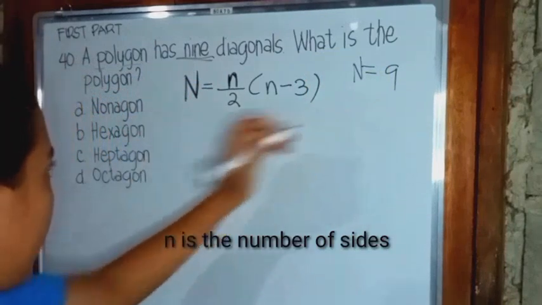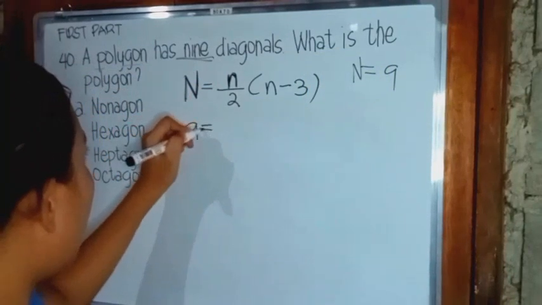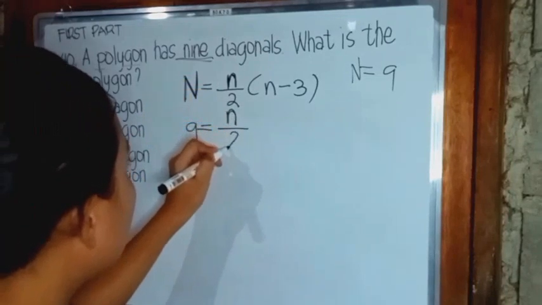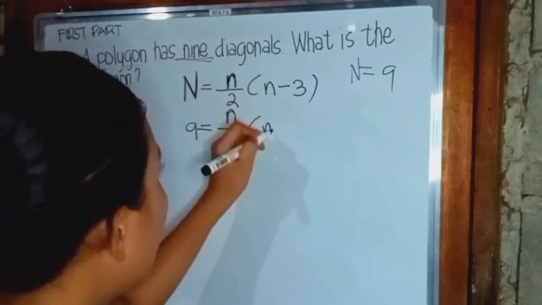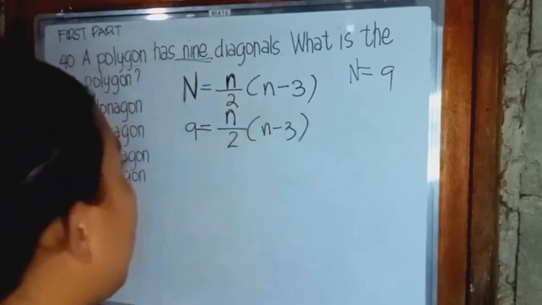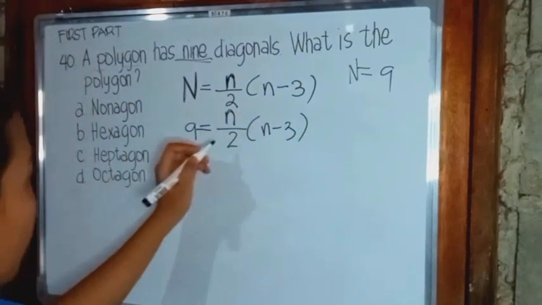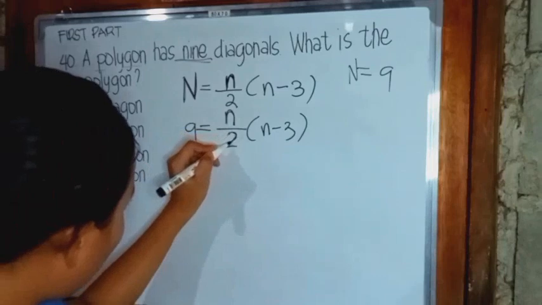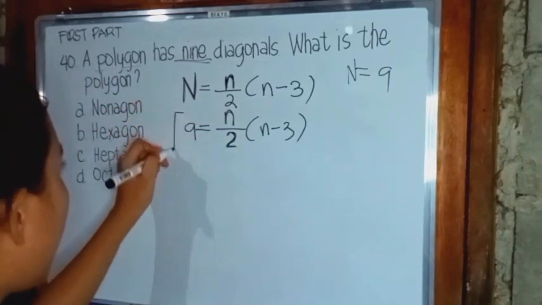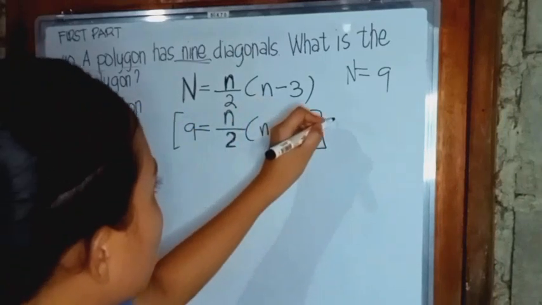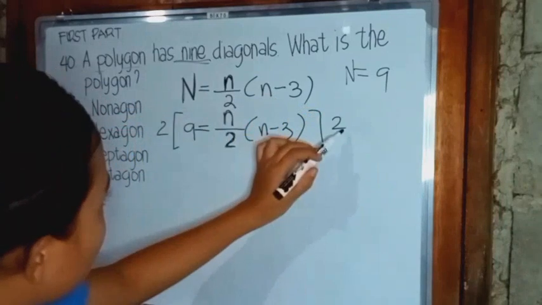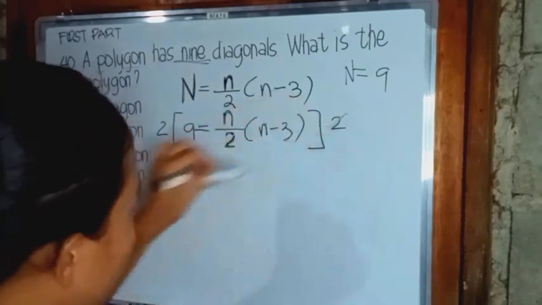So N is 9. 9 equals n over 2 times n minus 3. In order to eliminate the 2, we can multiply both sides by 2. 2 divided by 2 is 1, so we can cancel this out.